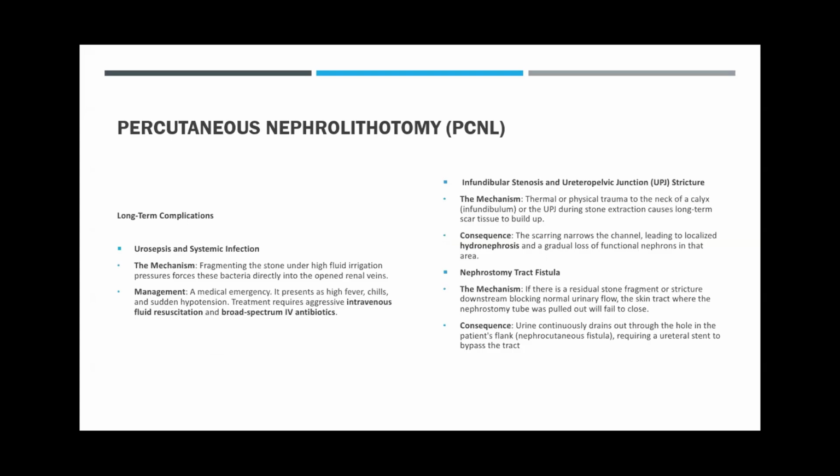Then in the long term, patients can have urosepsis or systemic infection, and also PUJ obstruction, and they can form a nephrostomy tract fistula, especially if there is obstruction.